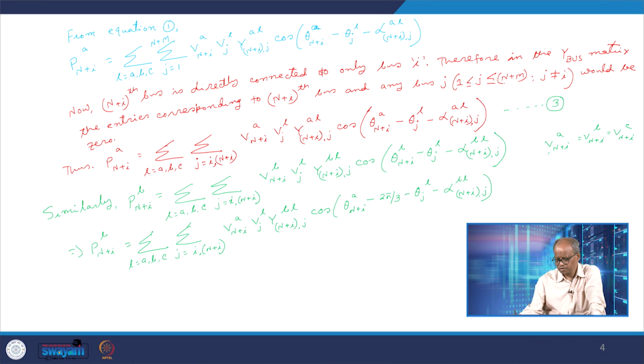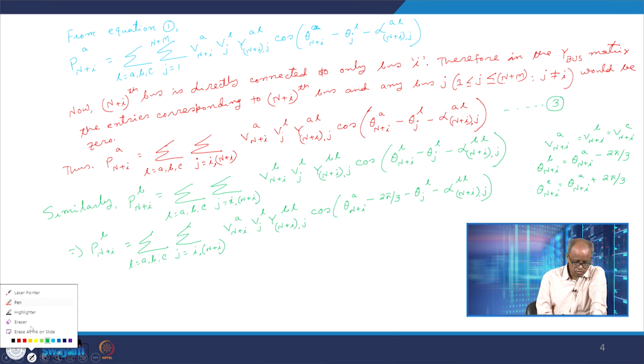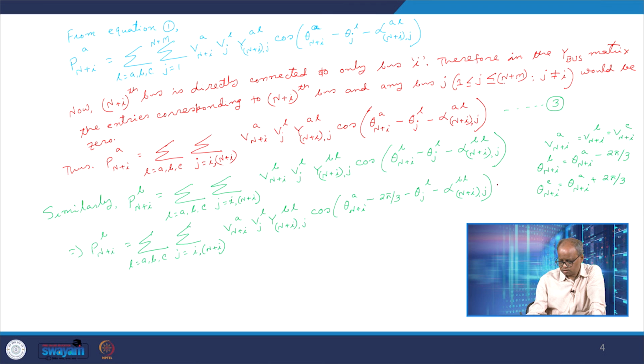Why have you written this? Because we know that theta n plus i b is equal to theta n plus i a minus 2 pi by 3 radian. And we also note that theta n plus i c is equal to theta n plus i a plus 2 pi by 3. Correct? So we say that this is equation 4, correct?